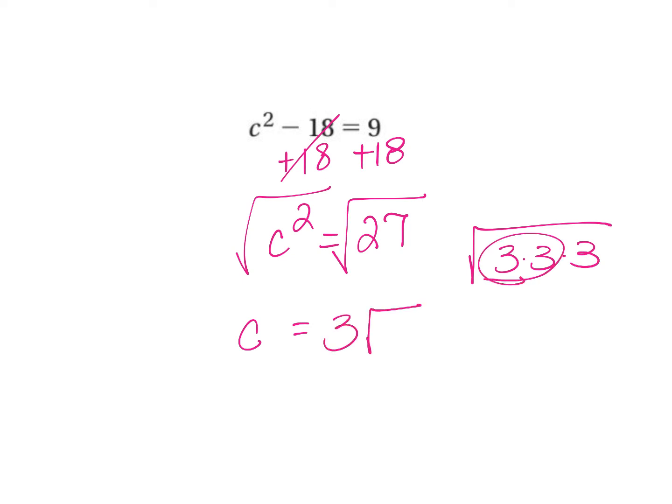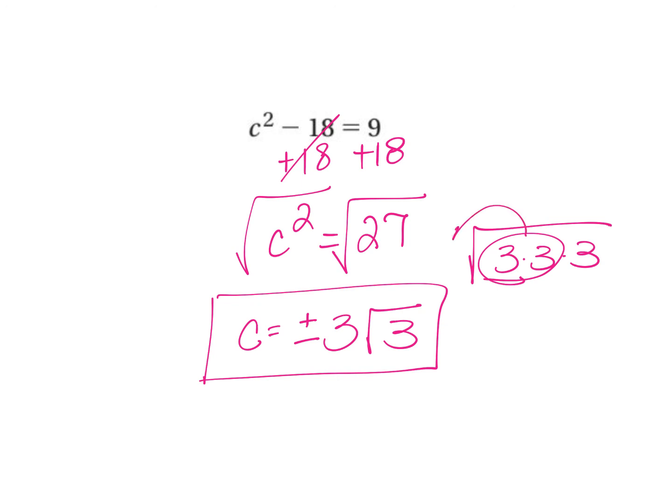So 3 times the square root of 3. And we're talking about positive and negative values here because we are taking the square root. So the way we could write that without having to write it twice is just put the plus or minus sign right there. It has a name, but I can't recall at the moment. So this comes out. So see how the skill is coming back to us. Not very common, but it does happen.